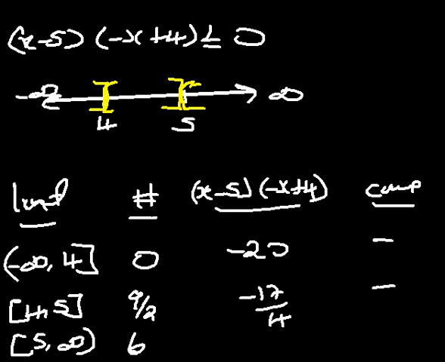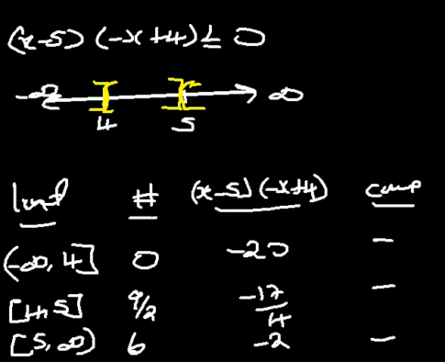So this is 6. If we have 6 here, we'll have a positive 1, and a negative 2. So 1 times negative 2 gives negative 2. Since the number is negative, it's a negative conclusion.